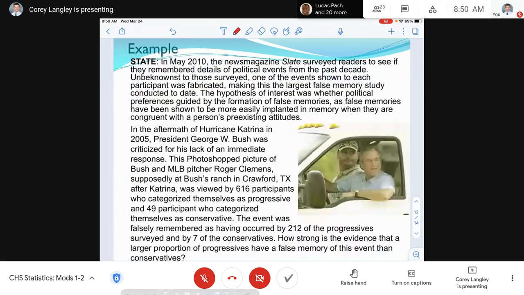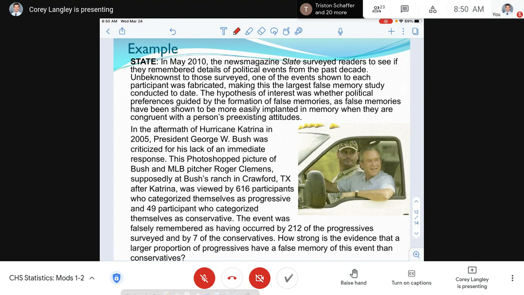So I have a pretty relevant and interesting example problem for us here, even though it is 10 years old. In May of 2010, the news magazine Slate surveyed readers to see if they remembered details of political events from the past decade.